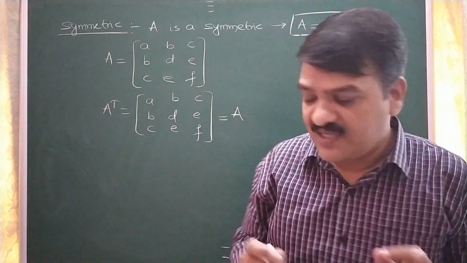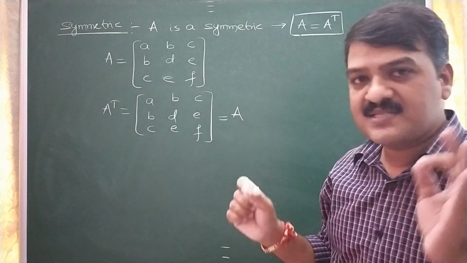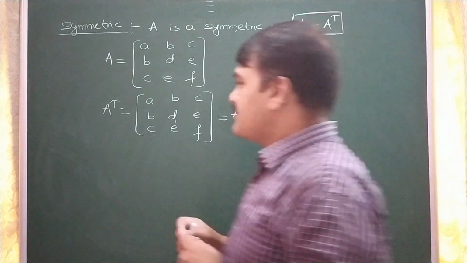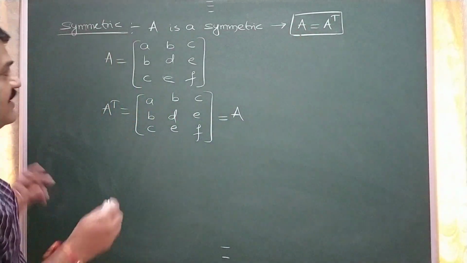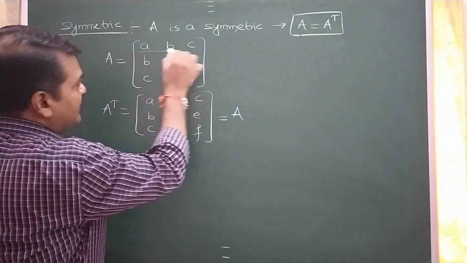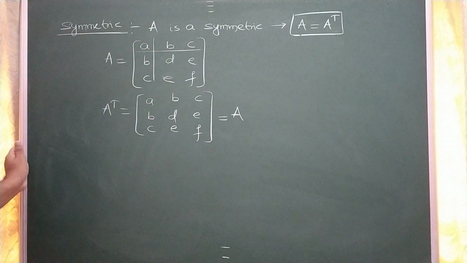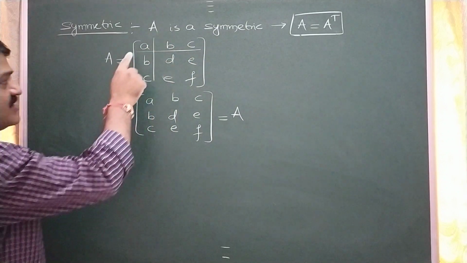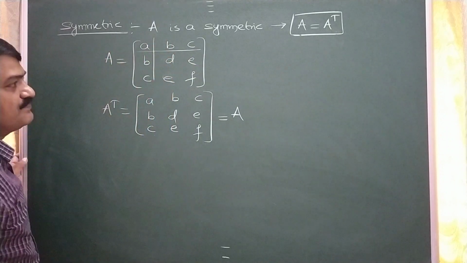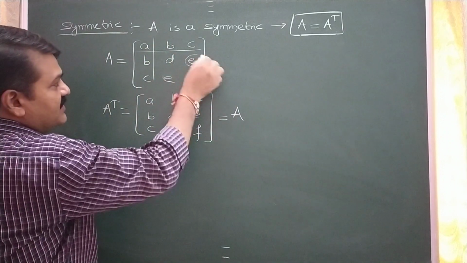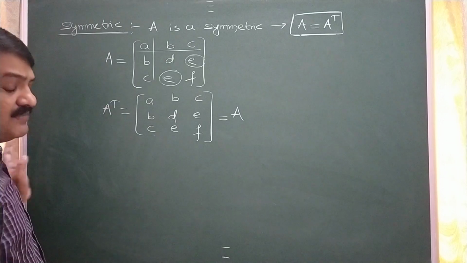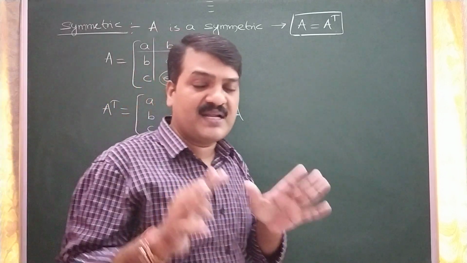So basically, how to recognize a symmetric matrix? In a symmetric matrix, first point, the first row and first column will be the same. Second point, these two elements must be the same. By seeing the matrix itself, we can identify.